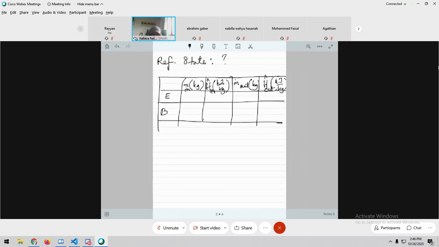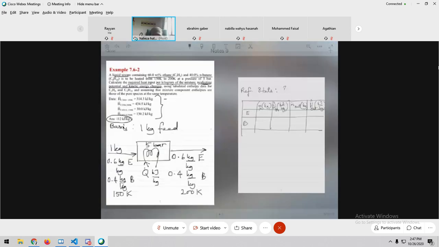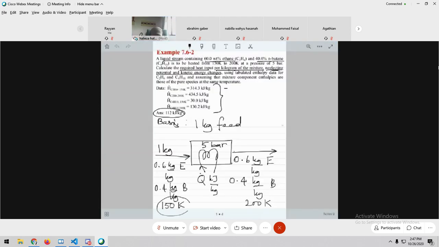Okay, so now what's the value? Let's look at the value. At 150, that's the in. For ethane, 314.3, and this is for butane.